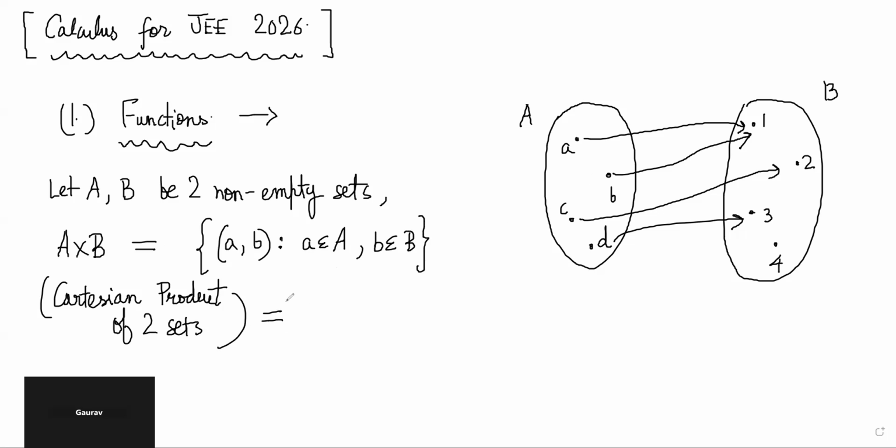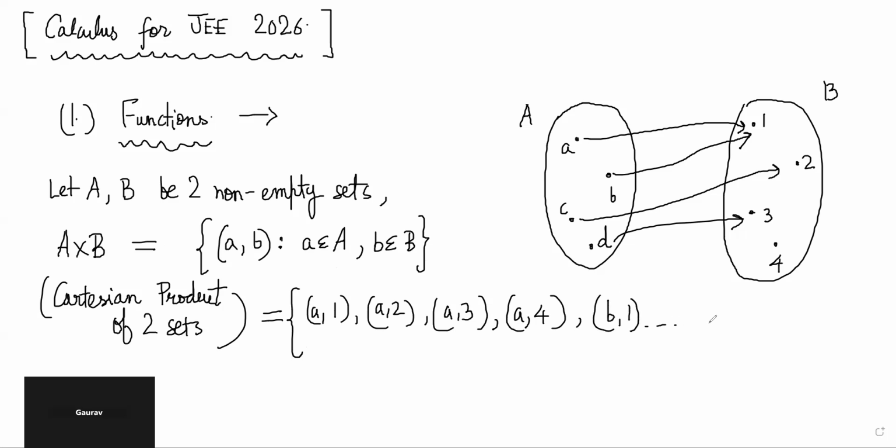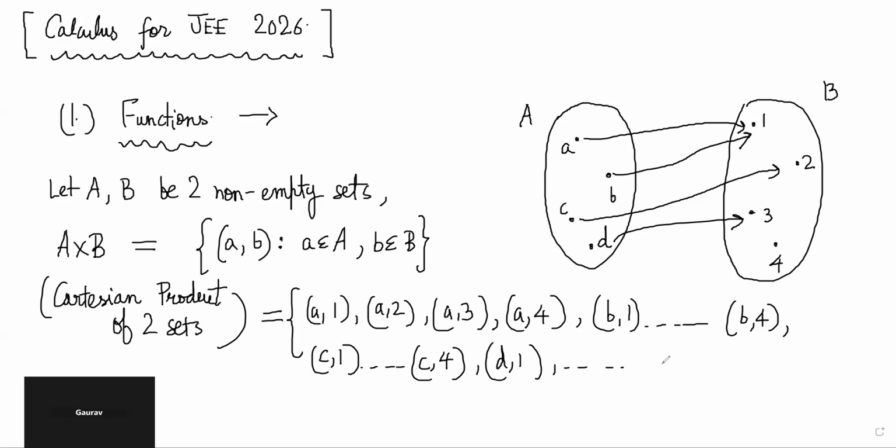So in our example, the ordered pairs will be like this: A1, then A2, then A3, then A4, and similarly B1 till B4 and C1 till C4 and D1 till D4. Do you understand what I have written?